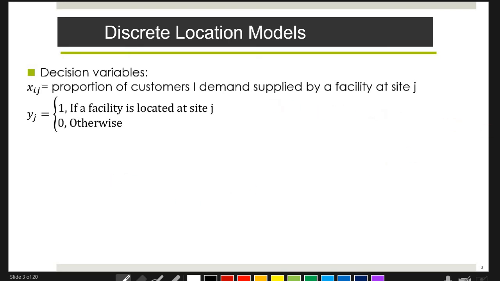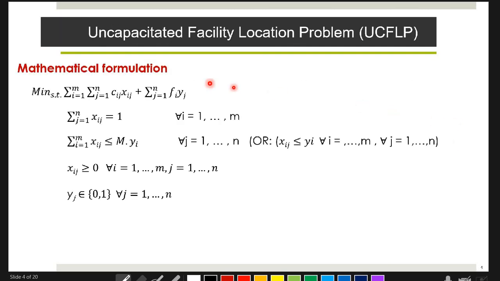And by using this, we can now write our objective function and the related constraints, which we did in our previous lecture. So our objective function is to minimize the total cost. The total cost can be written as the cost of opening new facilities, this is the setup cost, plus the cost of satisfying the demand of the customers.